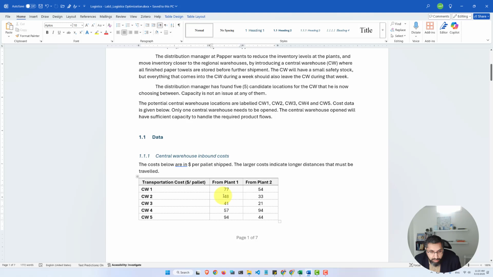And similarly, 48 to central warehouse location 2. You can see that central warehouse location 2 is closer to plant 1 than central warehouse location 1, because it's cheaper to ship there, right? It's usually cheaper to ship smaller distances. So these costs will give us the inbound cost to the central warehouse, how much it costs to bring stuff into the central warehouse.